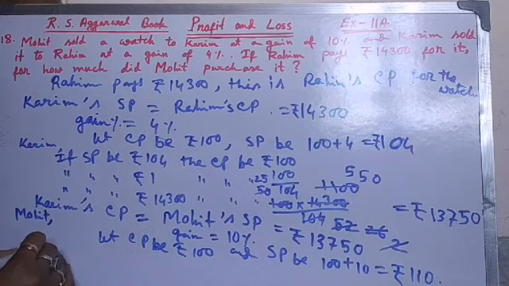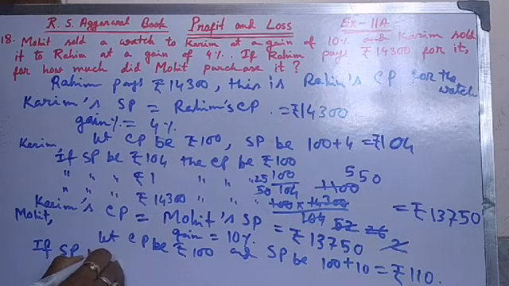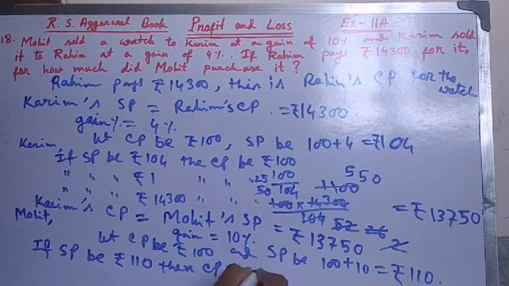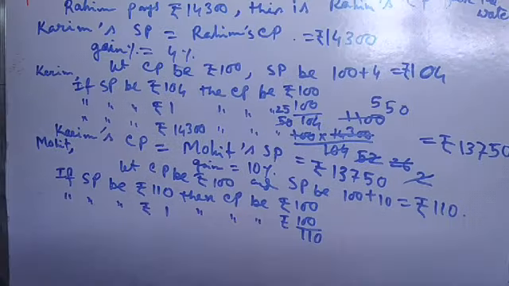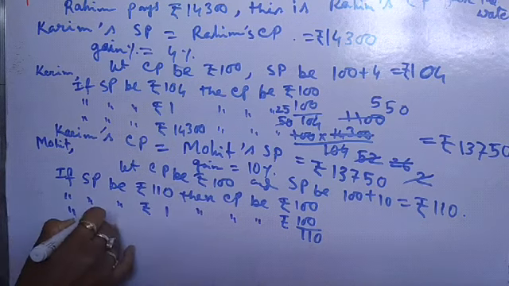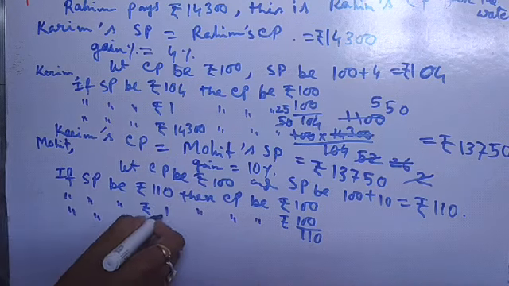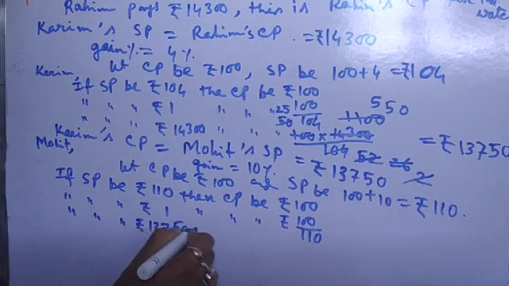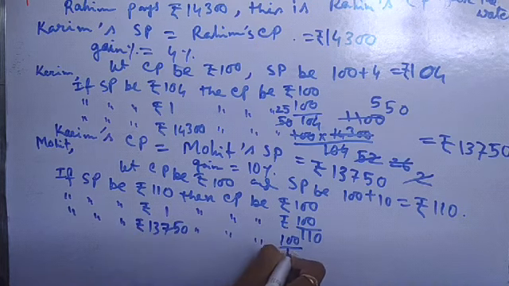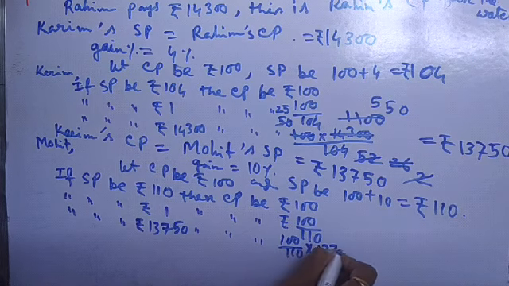So same process, if SP is rupees 110, then CP is rupees 100, by 110, then when SP, this Mohit's SP is this one, rupees 13,750, then CP 100 by 110 into 13,750.